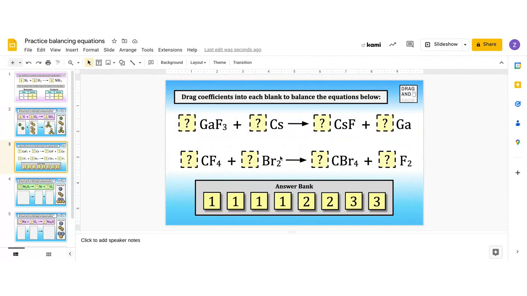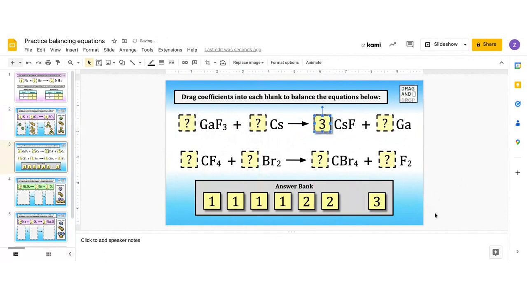On the top one or the bottom? Top one. 1. So we got 1 on the product side. How many on the reactant side? 3. Okay, so let's put a 3 in front of that one. No, over by the CsF, because that way we get 3 on each side.